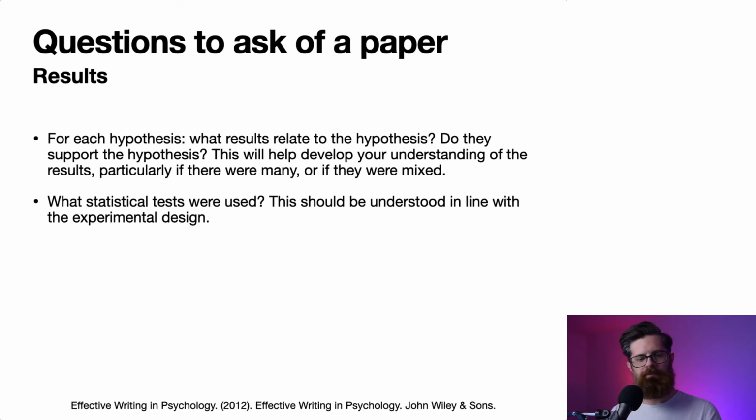So, for example, if you have a control group and a test group, and you're measuring people's heights or people's opinions about something, then I am going to expect that a t-test might be used here. There could be other experimental designs where as soon as you've read that, you think, in order to test this, I'm expecting the authors to do a two-way ANOVA, for example.